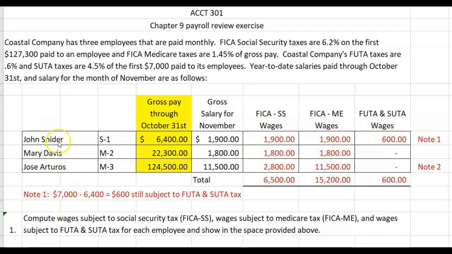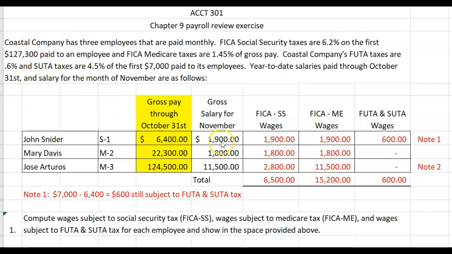Okay, for John Snyder, if you look at the amount of gross wages paid to John Snyder before November, and then add the November wage, added together, he doesn't even come close to having a gross wage anywhere near the wage base for Social Security tax.